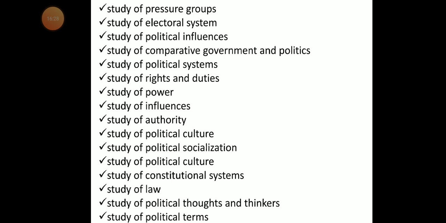So we study influence also: how different organizations influence the government and influence the system in their favor, and finally we try to know which is the most influential power in the country, and how the government is influenced by different organizations, right.